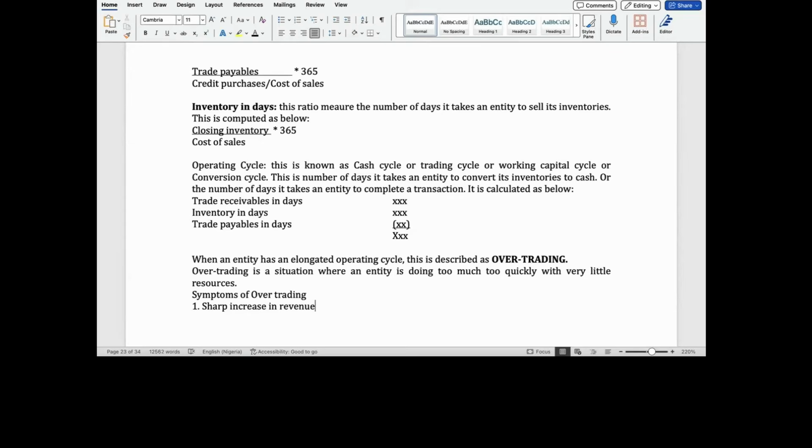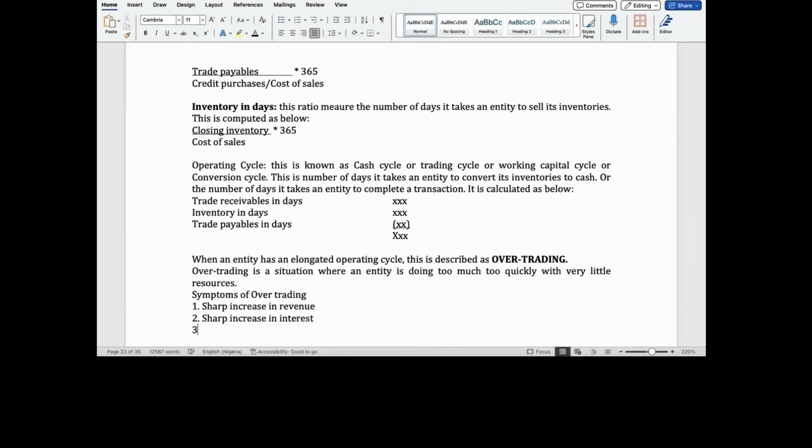Their revenue would go up very fast, and you'll be shocked, what happened? It would spike. Two, you see a sharp increase in interest, because they have little resources. They will resort to borrowing a lot of money, and their interest would go up as a result of that.